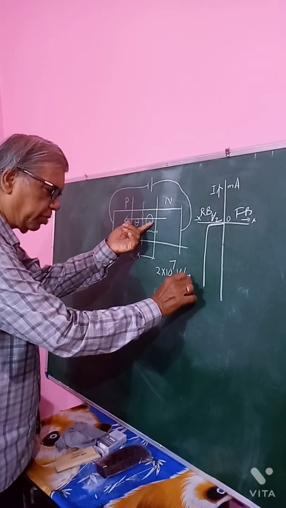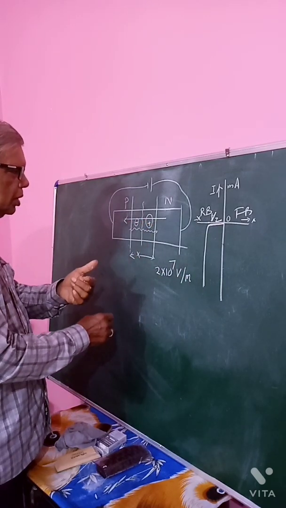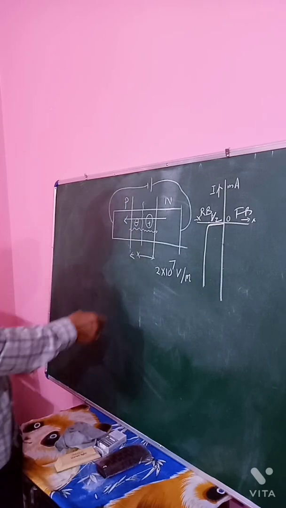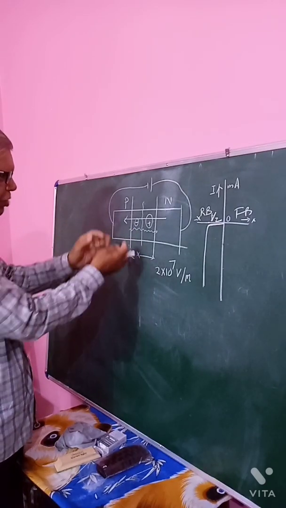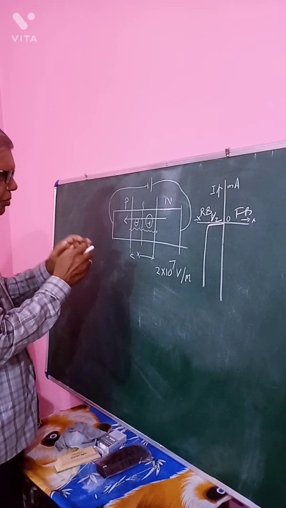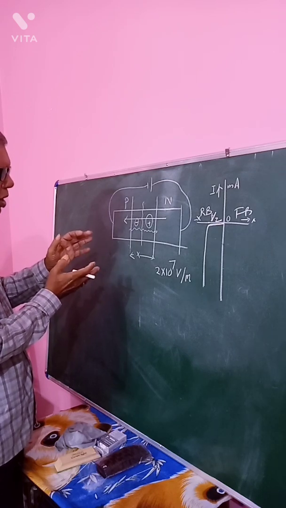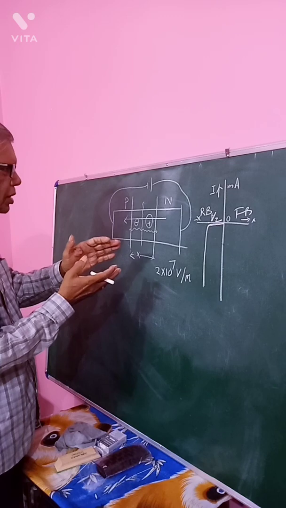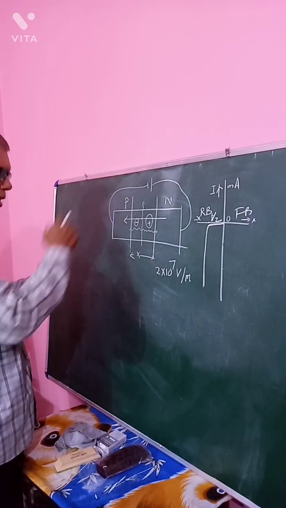At this value of intensity, what happens? Electrons from the covalent bonds are pulled out, that is, covalent bonds rupture. Because of the rupture of the covalent bonds, a large number of electrons are produced and they flow towards the n region, finally to the positive terminal of the battery.